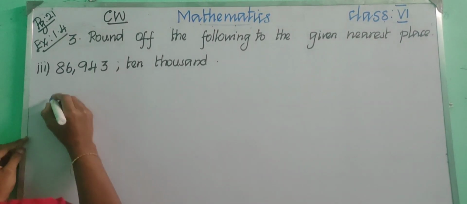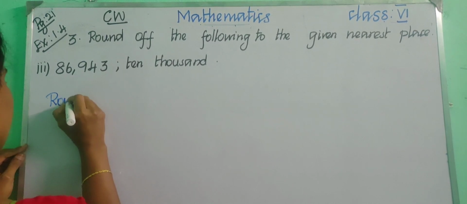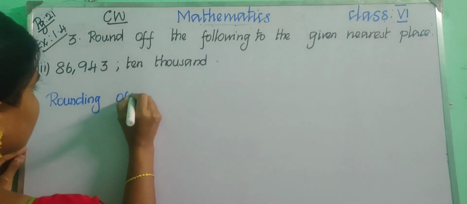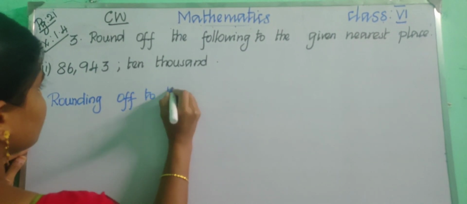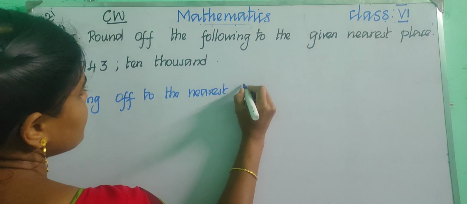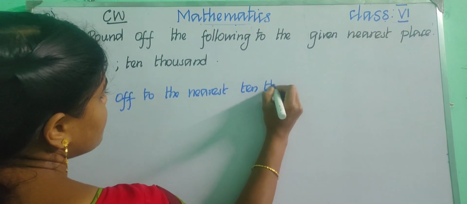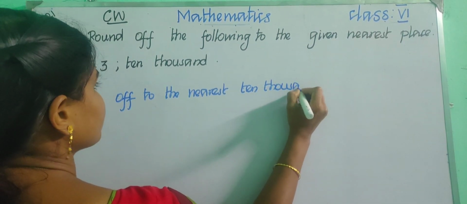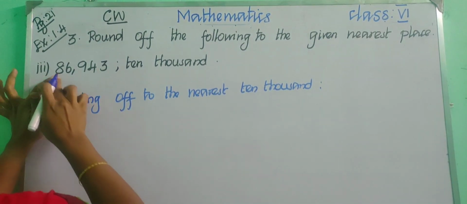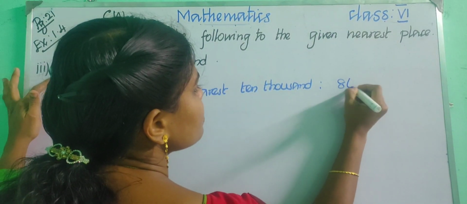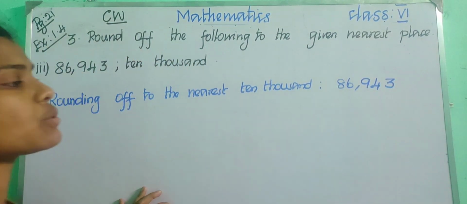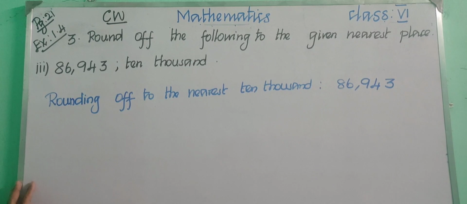So let us write rounding off to the nearest 10,000. First of all write the same number, 86,943.